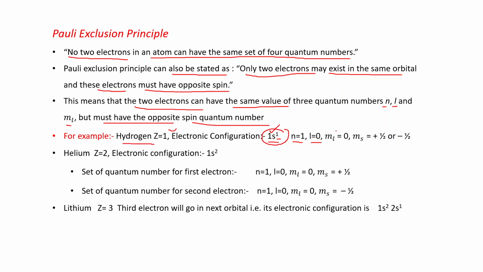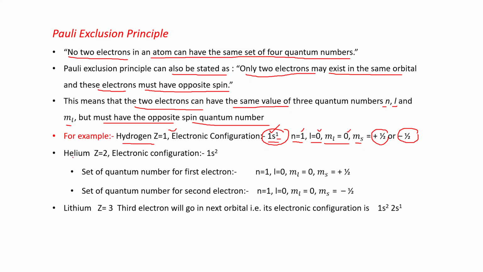Then this 1s subshell has one orbital and for this orbital the value of ml is 0 and ms either it may be plus half or it may be minus half. Out of these two, only one is possible. That's why for the one electron present in the hydrogen atom, the 4 quantum numbers are n is 1, l is 0, ml is 0, ms is either plus half or minus half.